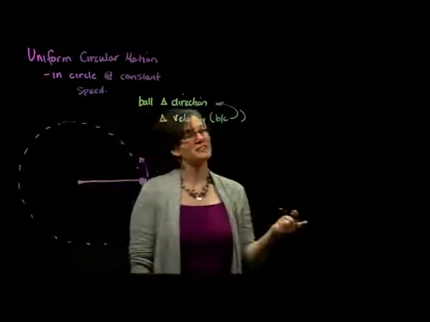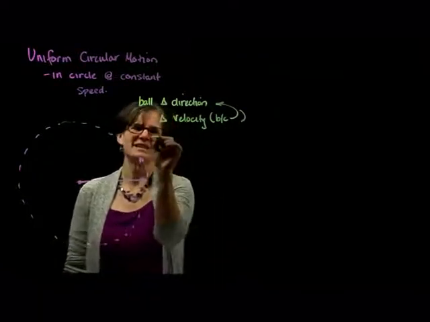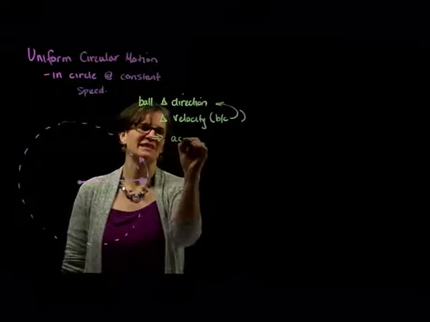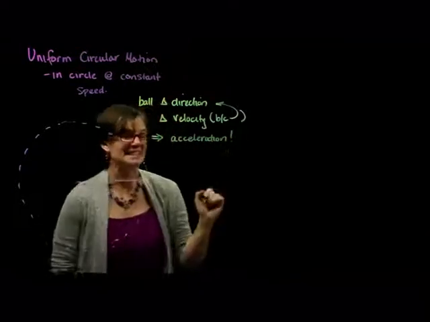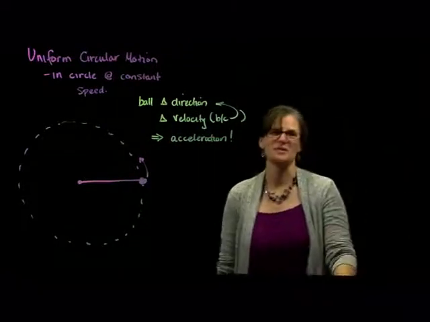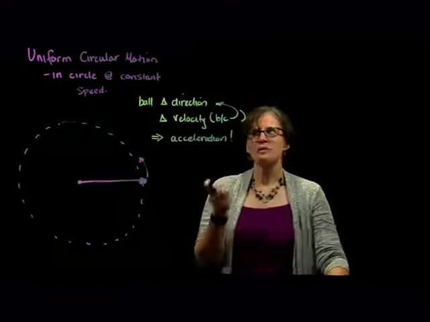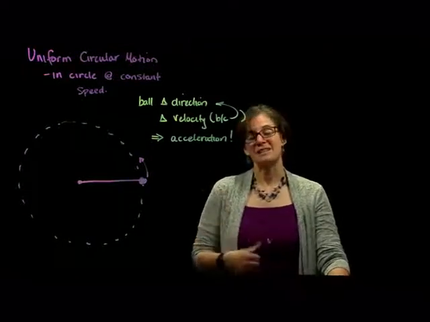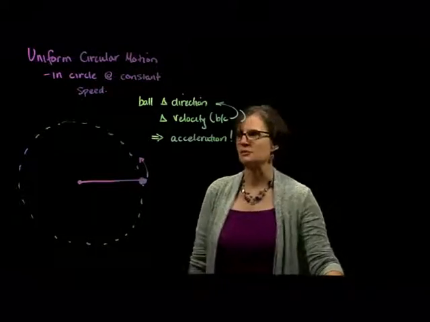And if it's changing velocity, that means it has to be experiencing an acceleration. And indeed it is. And if it's experiencing acceleration, something's causing that acceleration. And we're going to get to what that looks like. So an object moving in a circle at a constant speed does in fact accelerate, because it's changing direction.